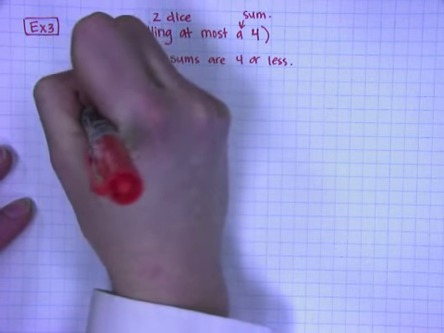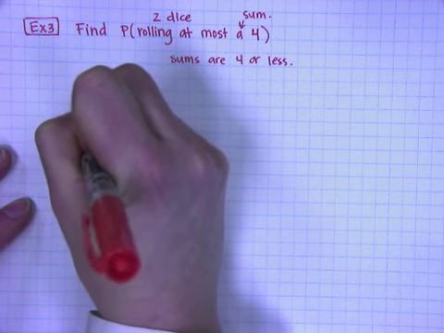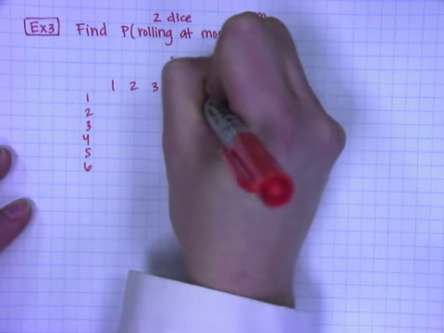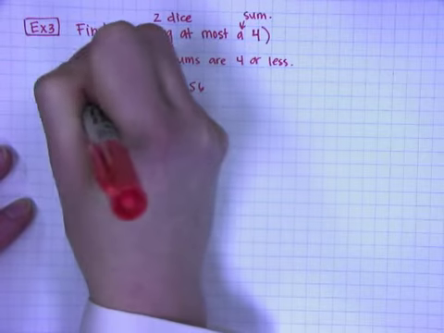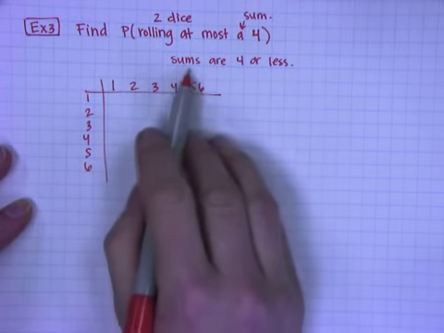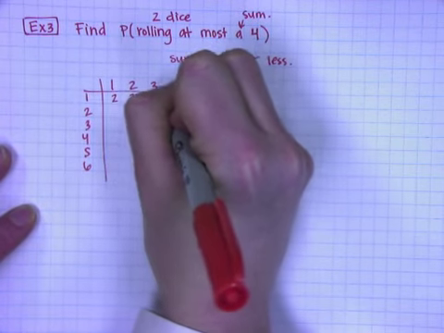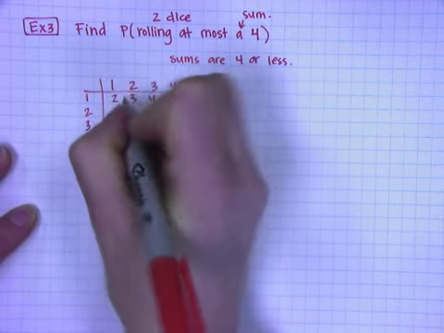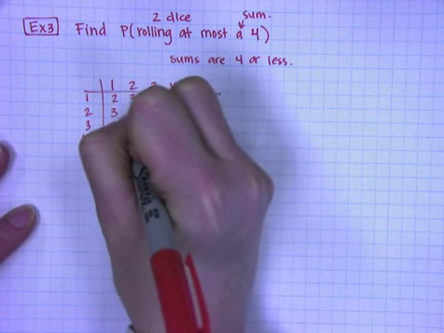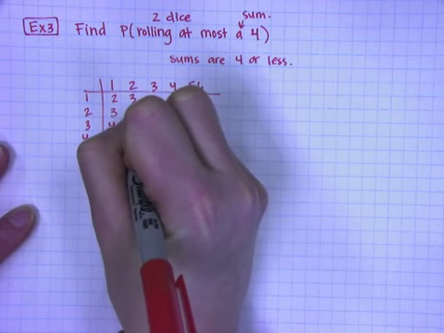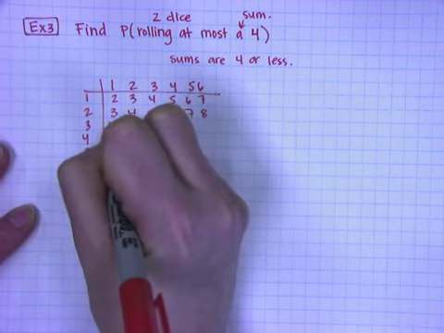So in this situation, I'm going to make my table again. 1, 2, 3, 4, 5, 6. 1, 2, 3, 4, 5, 6. Make your dice table. And now since we're talking about sums, I'm going to fill in the sums. So 2, 3, 4, 5, 6, 7. Let's see, this is 3, 4, 5, 6, 7, 8. 4, 5, 6. Okay.